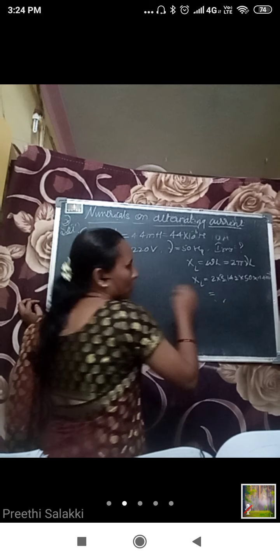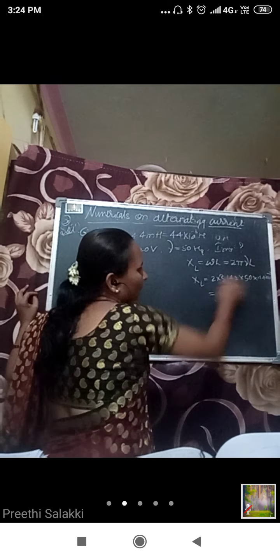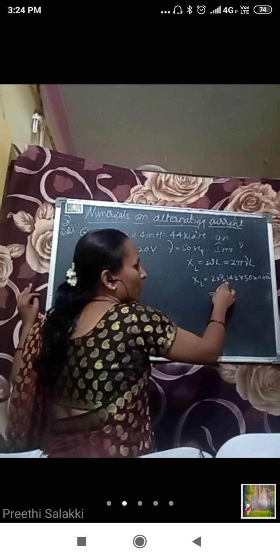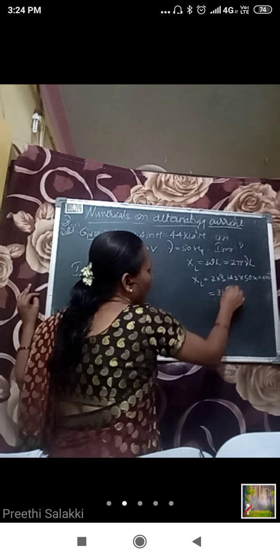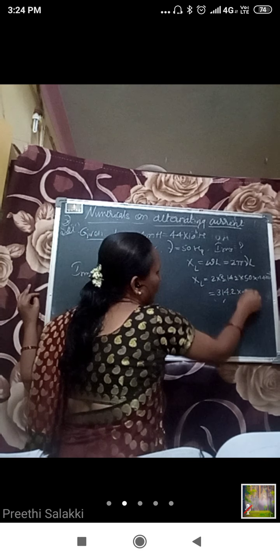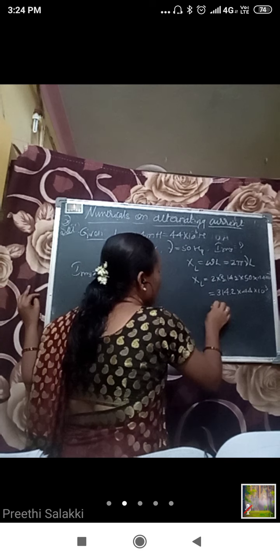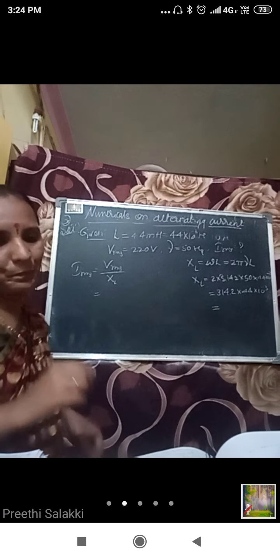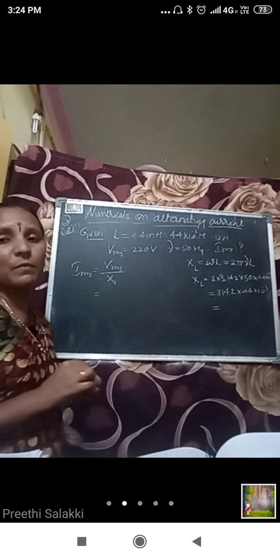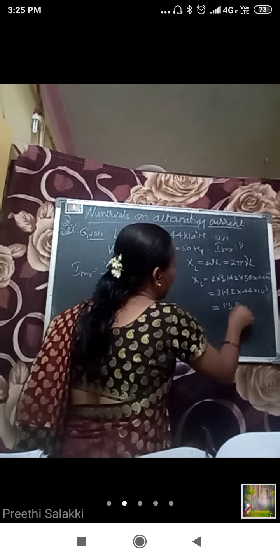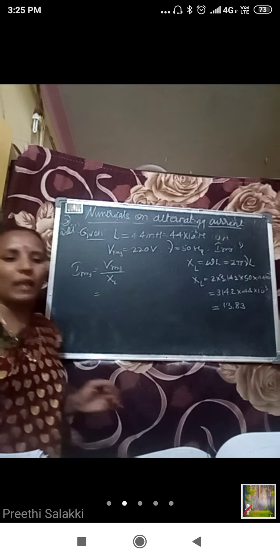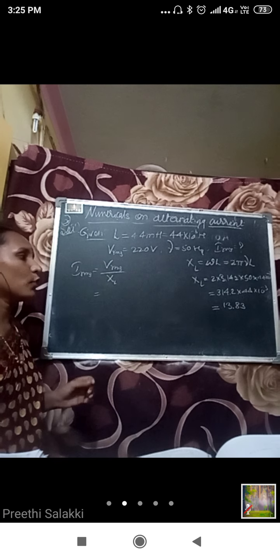It is in ohm. Just check it out. 50 into 2 becomes 100. 100 into 3.14 becomes 314.2 into 44 into 10 to the power minus 3. You have the calculators with you. Simplify well and the XL value becomes 13.83 after taking that 10 to the power minus 3 also.